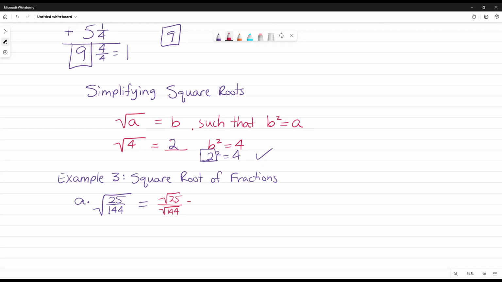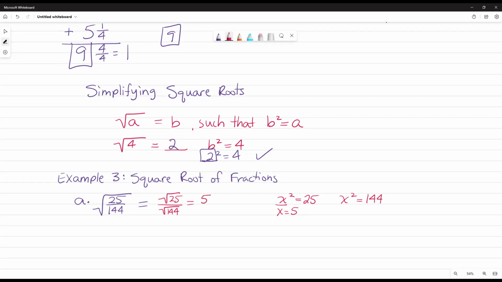So what we need to find out is what number squared equals 25 and what number squared equals 144. Can you think of any number that times itself equals 25? 5 times 5. So x equals 5 because 5 times 5 is 25. That means the square root of 25 is 5.